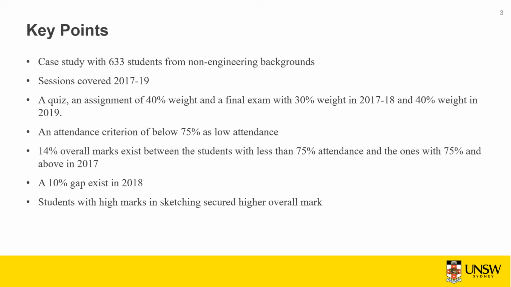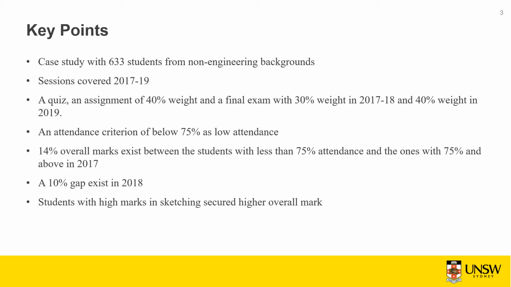Similarly, the students with 75% and above attendance were regarded as having good attendance. So the results show that there is a 14% overall marks gap between the students with less than 75% attendance and the ones with 75% attendance and above in 2017. This means that the students who attended the classes regularly secured 14% extra marks on average than the ones who attended the class less regularly.